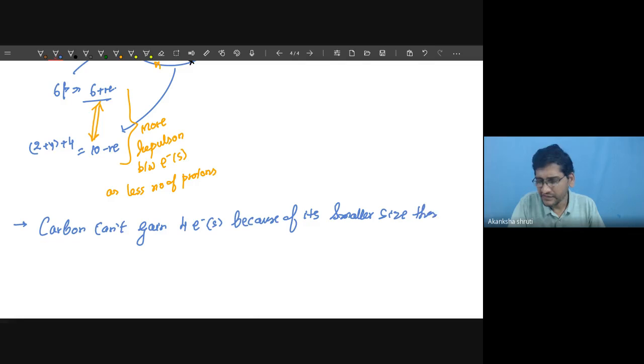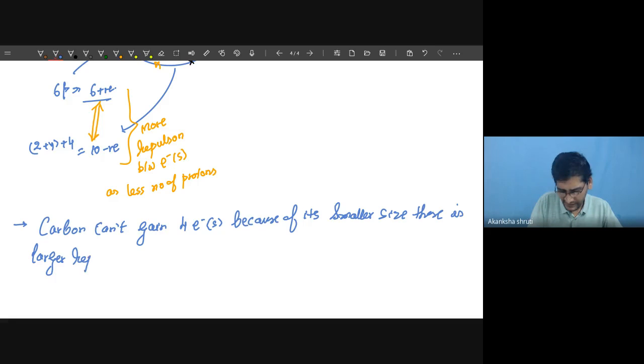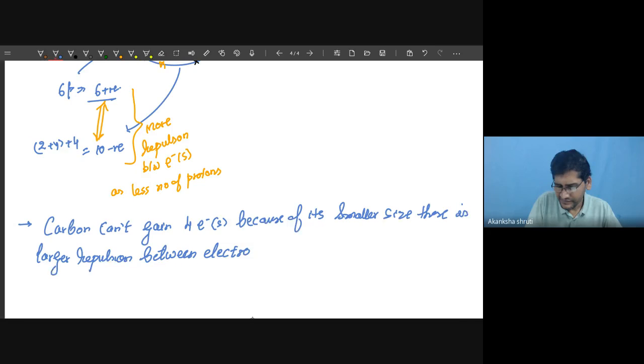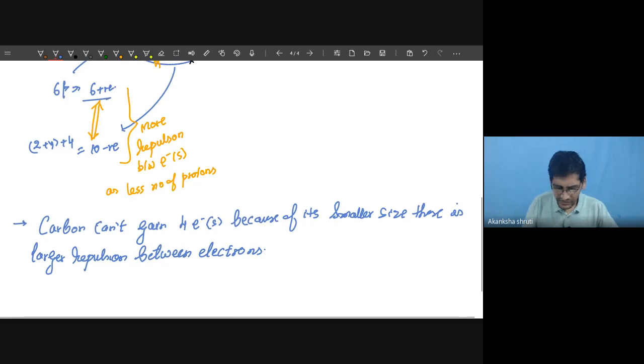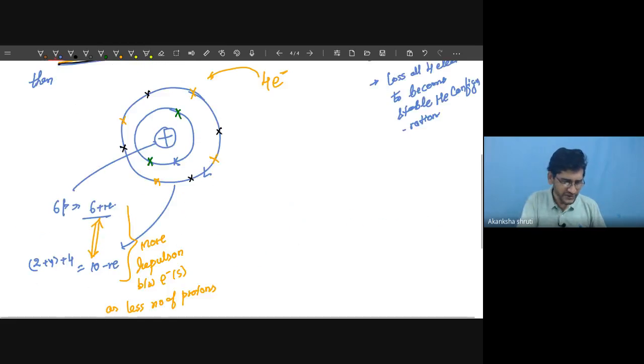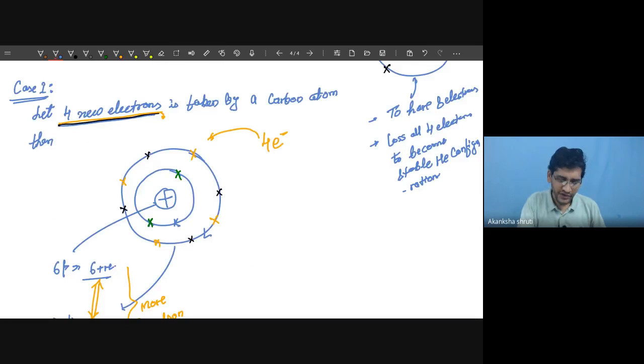There is larger repulsion between the electrons. So this way, this first possibility of gaining electrons is ruled out.